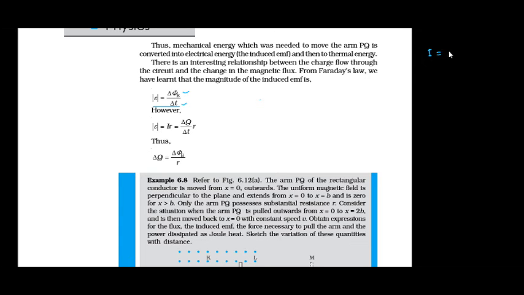Rate of change of charge, of moving electrons. So instead of I we can write delta Q by delta t, and R is R. So the same is written here.